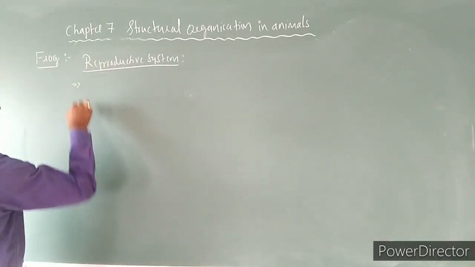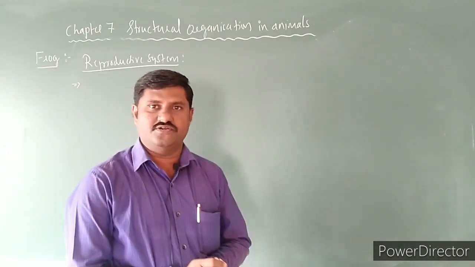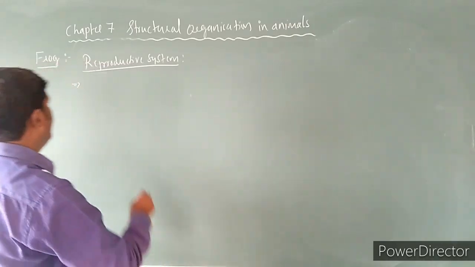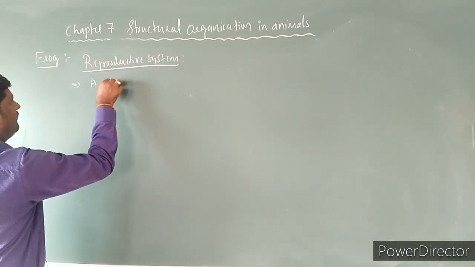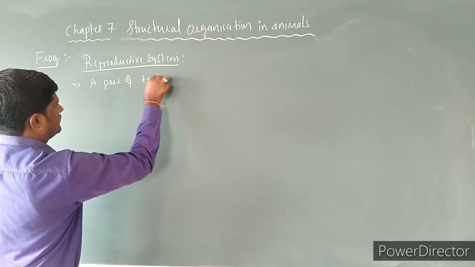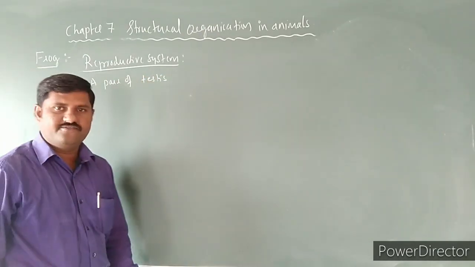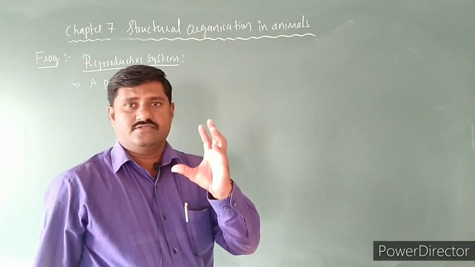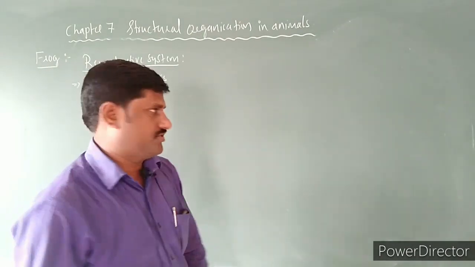Let us see diagrammatically, it is better to see here, right? It consists of a pair of testes, which are yellowish ovoid structures.